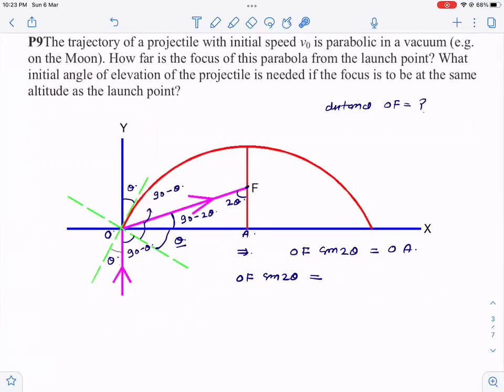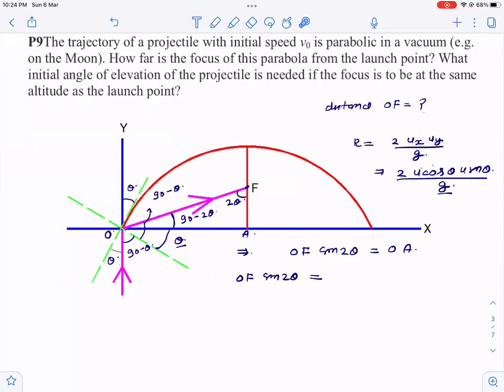But if you write the range formula, range formula is 2 ux uy by g, right? What is ux? You can write this as u cos theta and u sine theta divided by g. So it was correct earlier: 2 u cos theta, u sine theta.